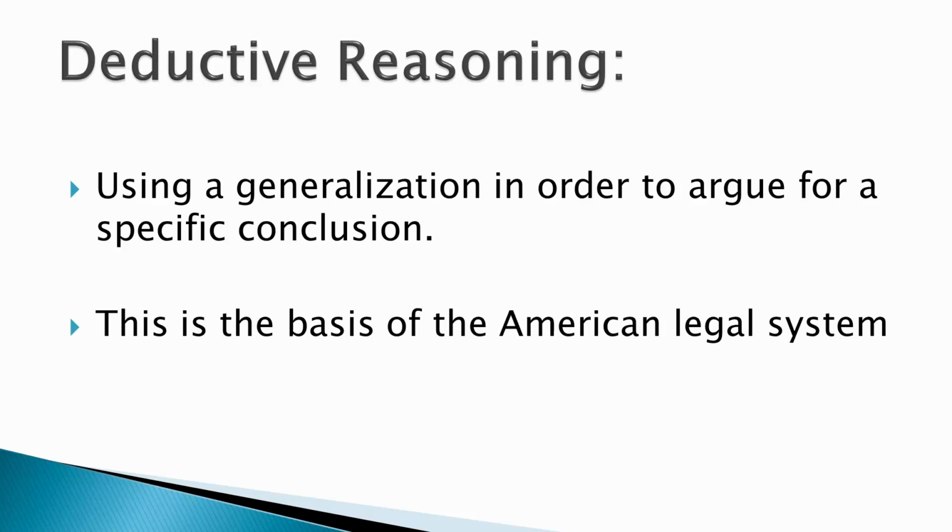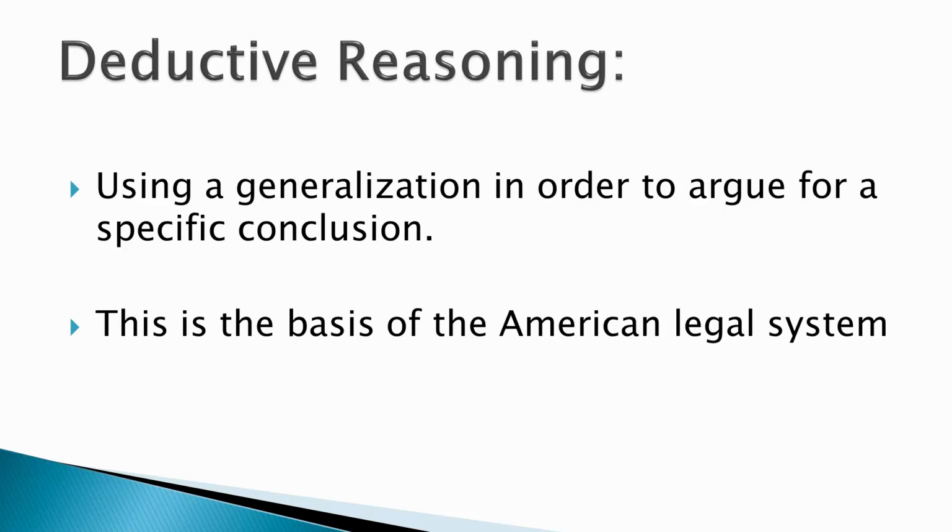Essentially, this is the entire basis, really, of the American legal system. So while a court case will rely upon inductive reasoning to determine the guilt or innocence of somebody in a trial, a sentencing phase, or the actual way in which the law is applied to that guilt or innocence, is based upon precedents.